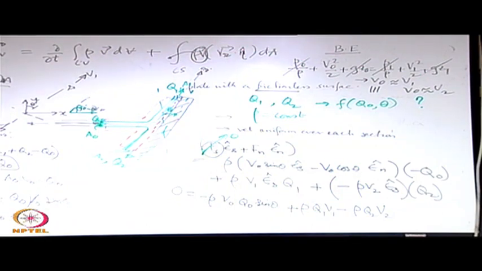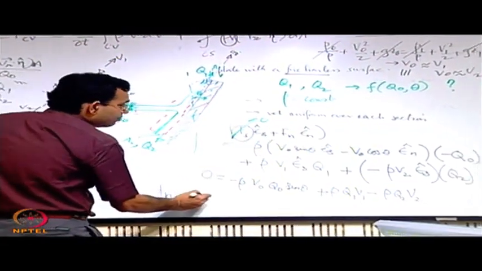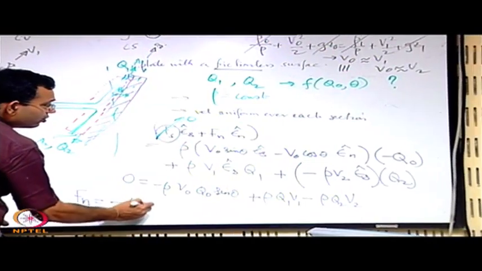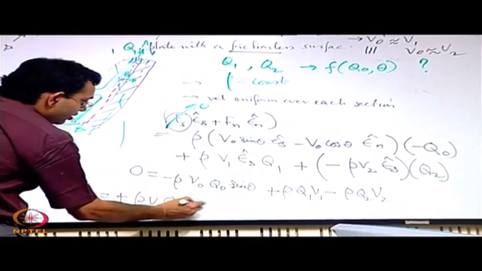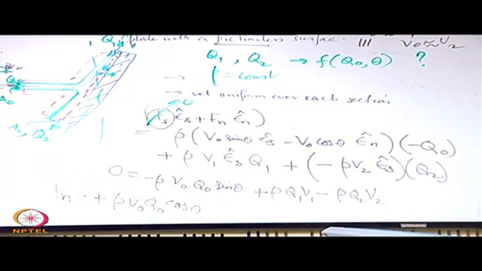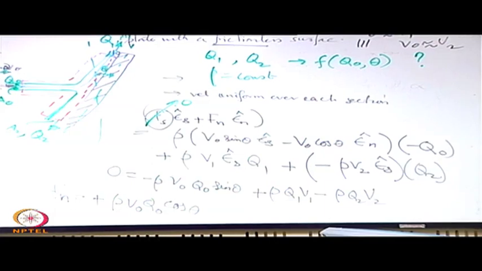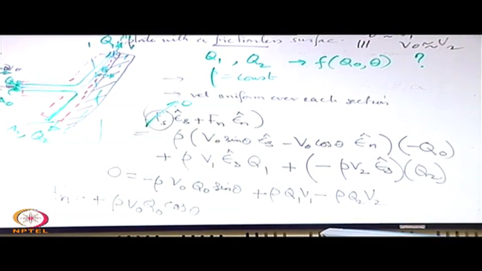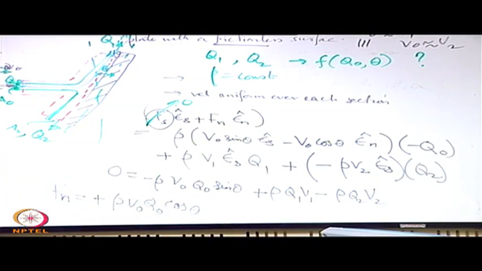This we have to keep in mind. Let us write it. So Fn is plus rho V0 Q0 cos theta, right. Q0 you can write in terms of A0 and V0, so it is like rho A0 V0 square cos theta.